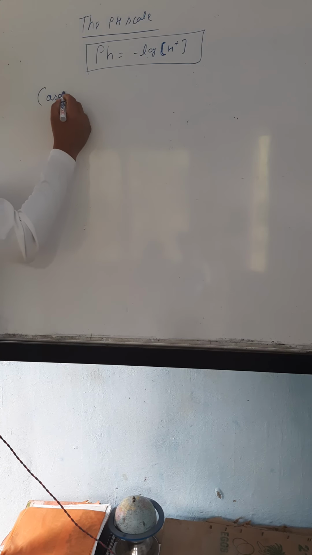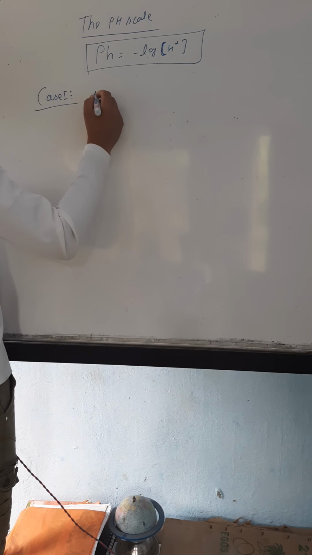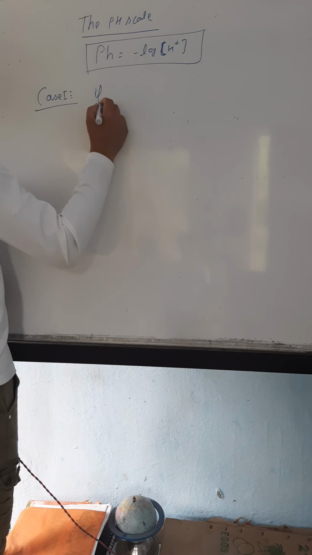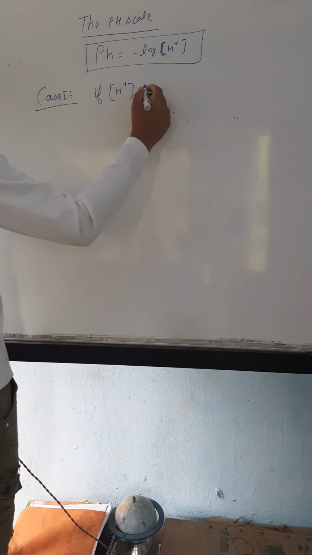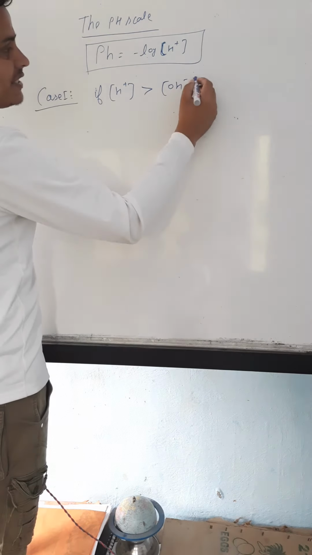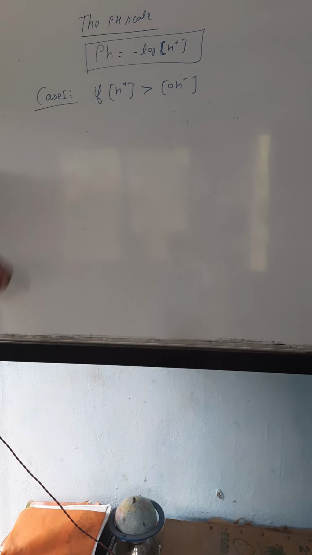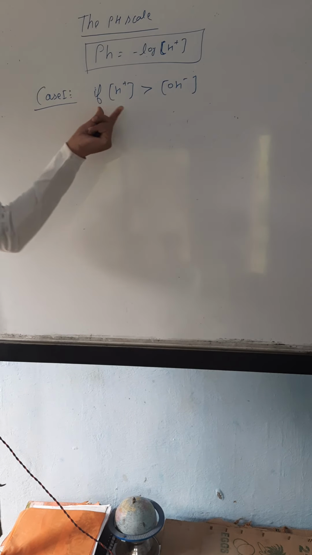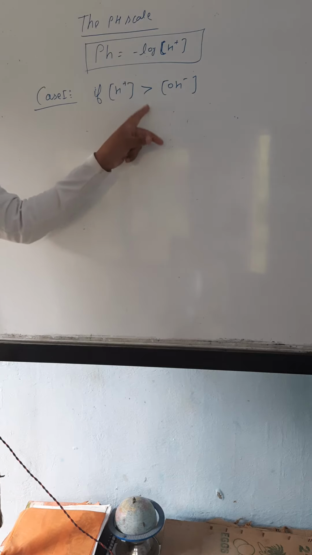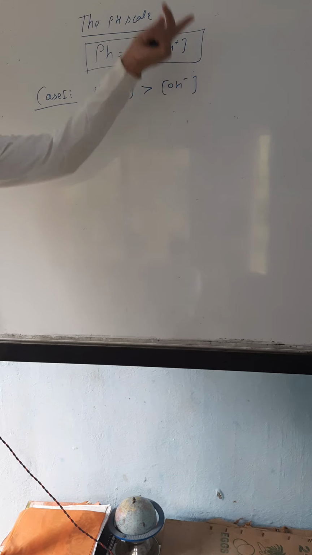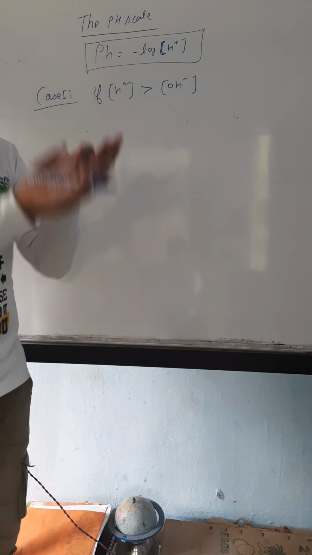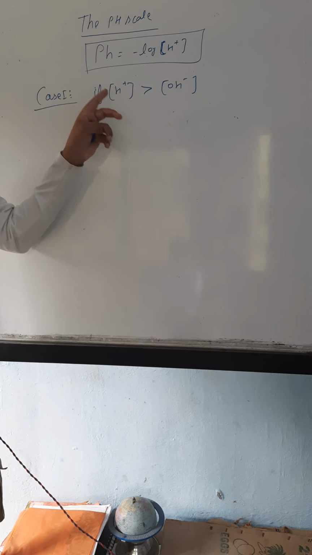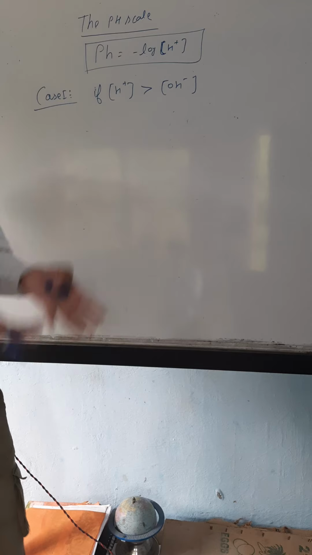The first case is if the concentration of H positive ion is more than that of OH negative ions. Remember, if the concentration of H positive ion is more than that of OH negative ion, it means H positive ions are more in number in the solution.